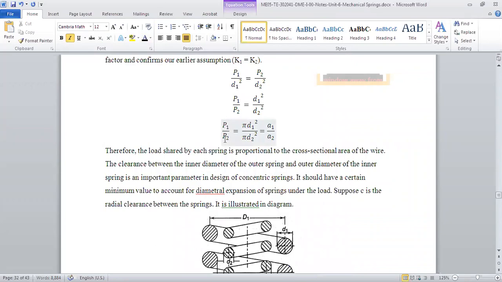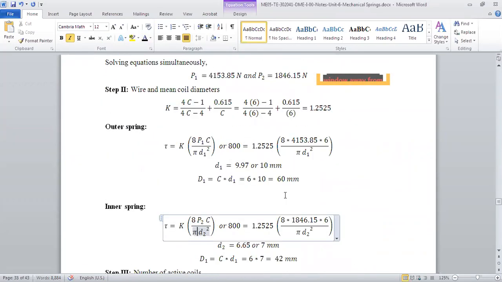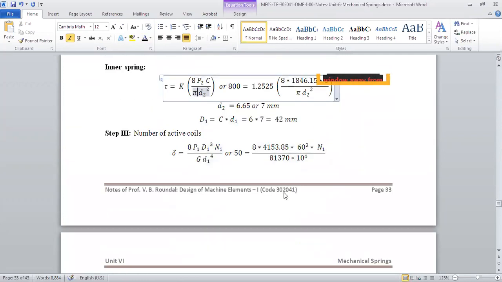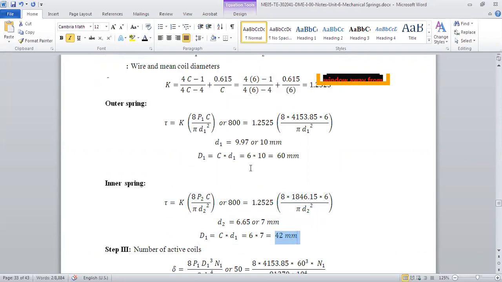You can use P1 upon P2 is equal to d1 square upon d2 square, right? Using this same formula, the inner spring will have a diameter of 6.65. So we will take 7 and the corresponding mean coil diameter will be 42 mm. So we know the diameters of the coils, small d1, capital D1, small d2, capital D2: 10 and 60, 7 and 42.